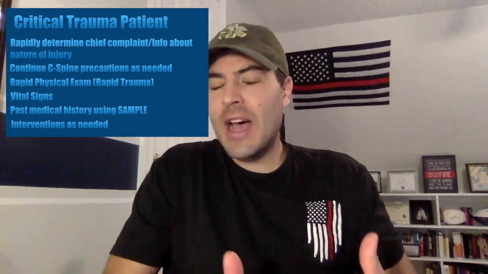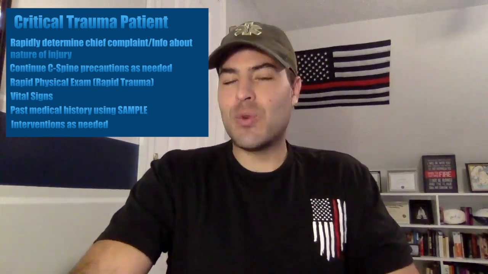Now, obviously, we've done our primary assessment and we're now going to need to do any physical exam that is appropriate, vital signs, past medical history, C-spine stabilization, that sort of thing. So how are we going to go about that in these patients? Well, these patients obviously need C-spine stabilization addressed in the primary assessment and continued throughout the rest of the call.